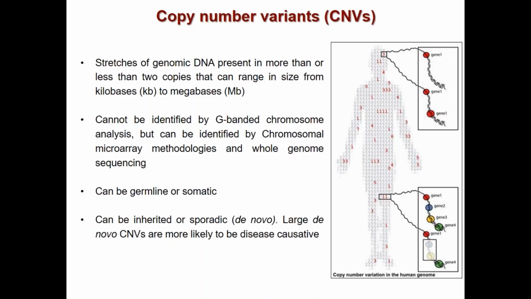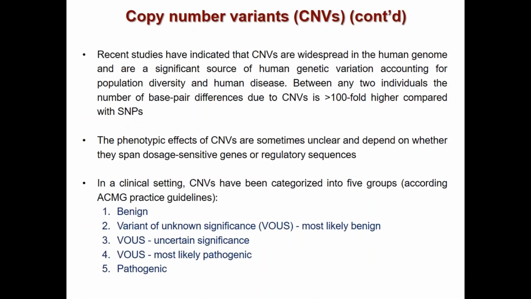They can be germline, present in all body cells, or they can be somatic, present in some cells and absent in others. They can also be sporadic, which means that they are de novo, or they can be inherited. And usually the large de novo CNVs can be disease causing.